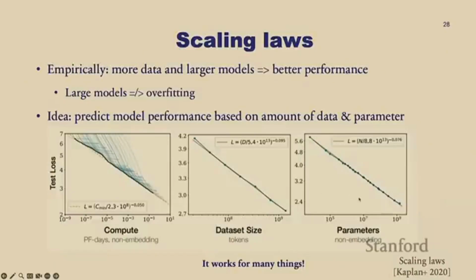If you increase the number of parameters, the loss will decrease by an amount which is somewhat predictable. This is really amazing, very surprising. It looks innocuous when you look at these plots, but that's crazy because it means that you can predict how well we're going to perform in 2-3 years, depending on how much compute we will add, assuming that these things will hold. There's nothing theoretical about it.